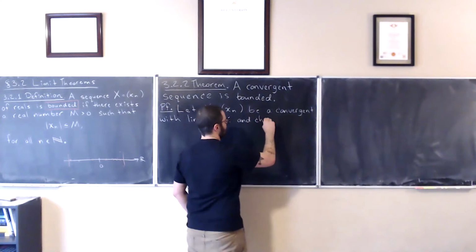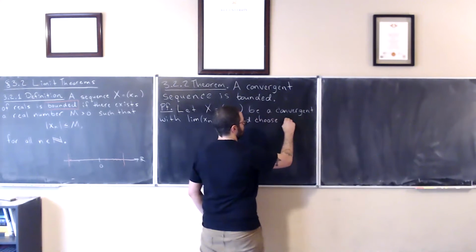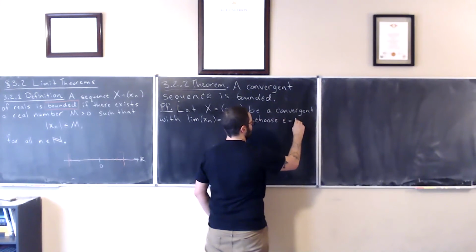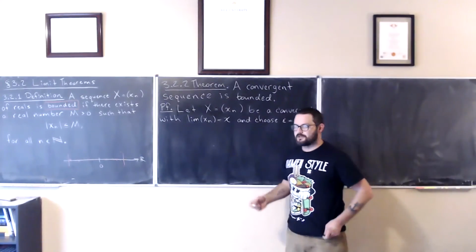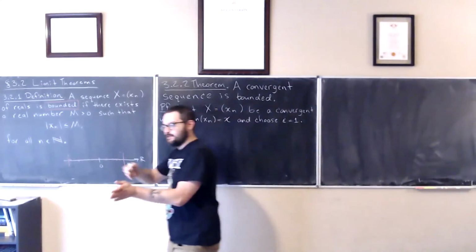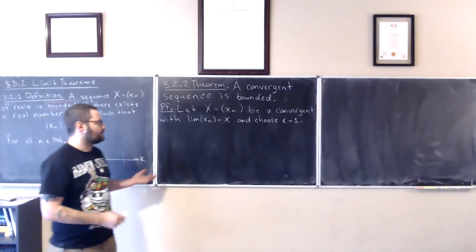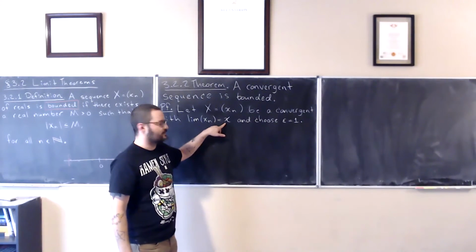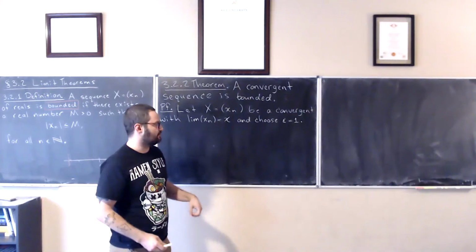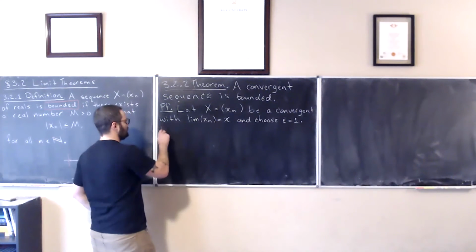Choose epsilon equal to 1. Now, since this is a convergent sequence, we know that there is some cutoff in the indices where after that cutoff, x_n is within distance epsilon of x. So I'm just going to state that now.